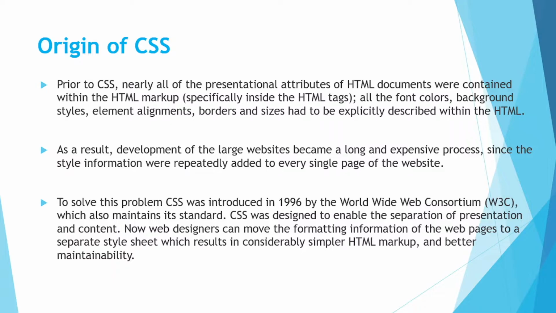After long study by the engineers, they decided to create CSS, and it was introduced in 1996 by W3C, the World Wide Web Consortium, which maintains CSS. It was designed to enable separation of presentation and content. The content will be in HTML pages, and the layout and styling information will be in a separate place.